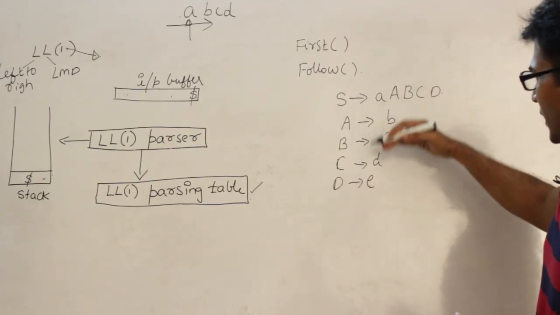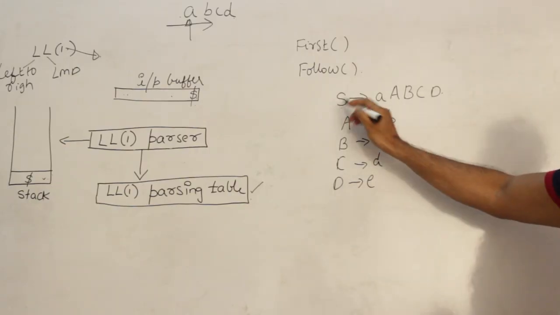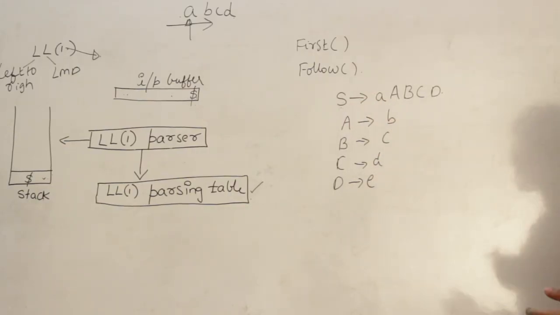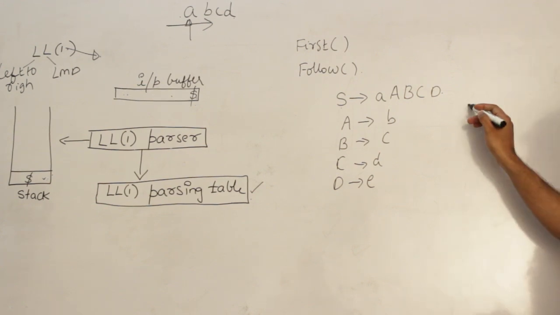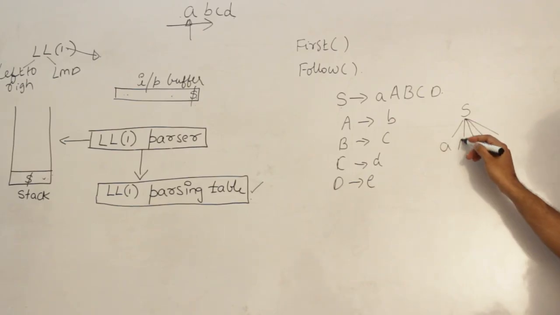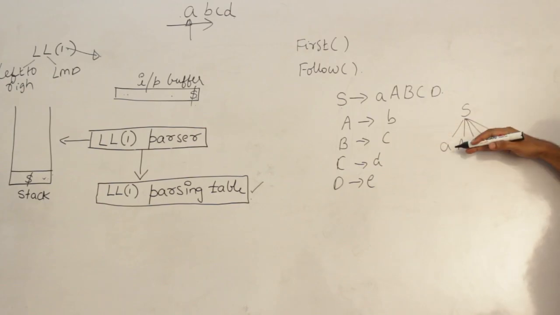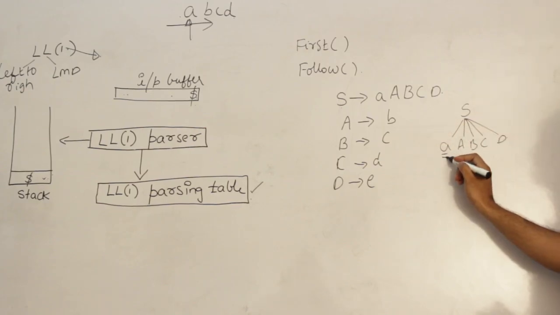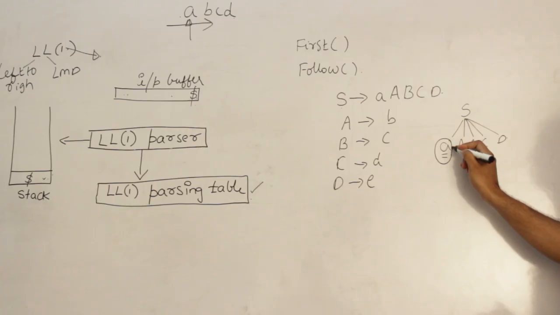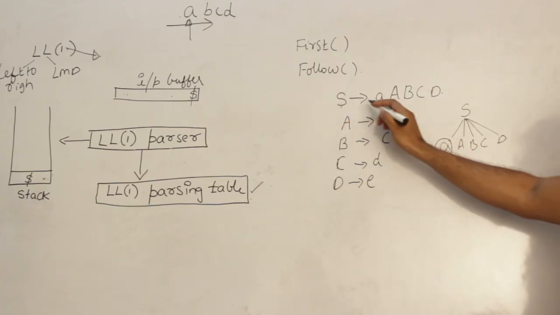If I have a grammar like this, and I start from S and try to derive all the strings, in all those strings what is the starting symbol? It is always going to be A. Therefore first of S is A.